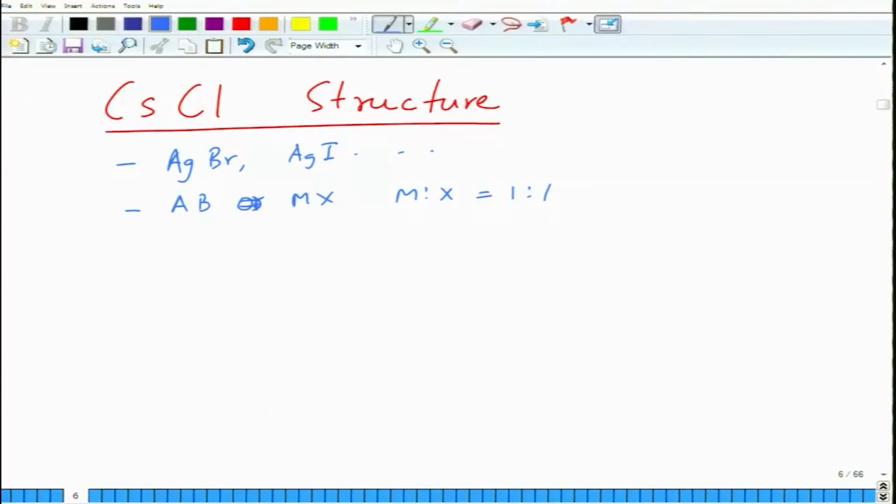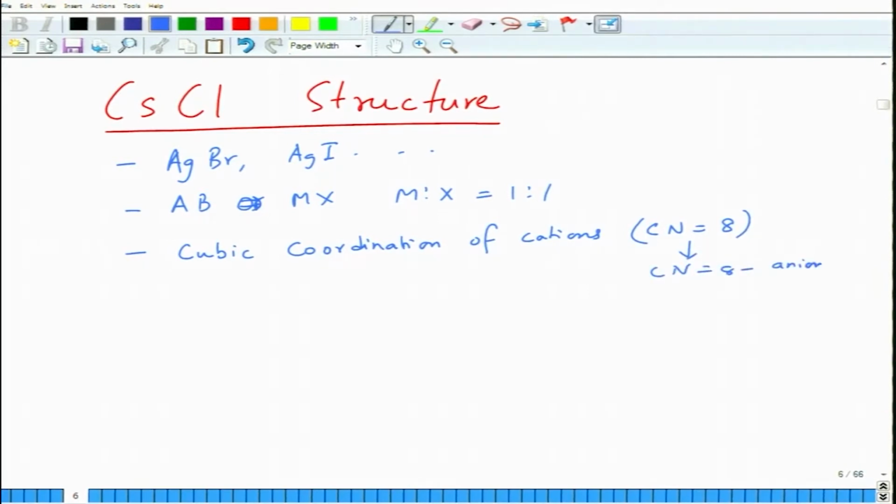Based on radius ratio, we have cubic coordination of cations, which means coordination number is 8. This also results in coordination number of 8 for anions, if you apply the bond strength rule.